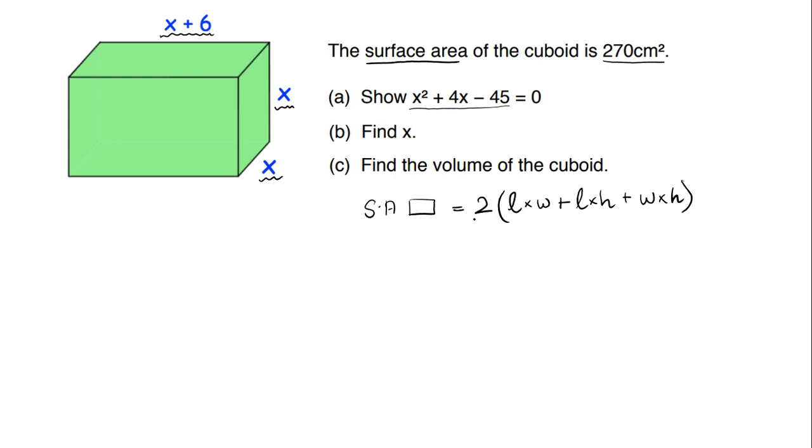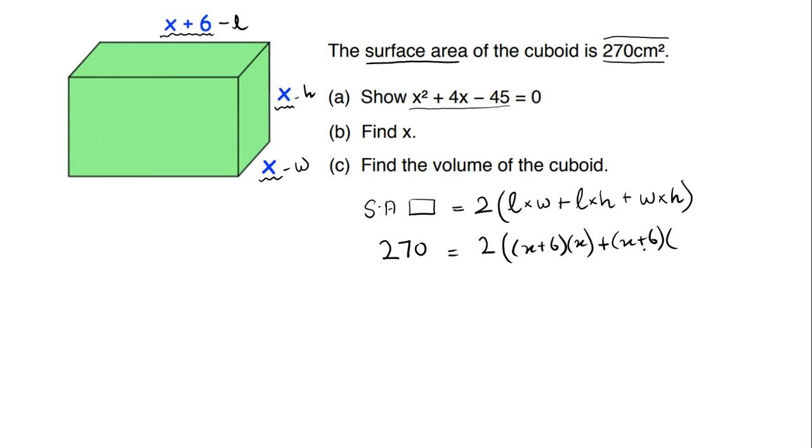So I have to put that in, and the surface area value is already given to me as 270 square centimeters, which means that in place of my surface area, I'm going to put 270 equals 2 stays the way it is times now the length, which is x plus 6, times the width, so my width is x, plus the length again, that is x plus 6 times the height. Let me just label here, this is the length, this is the height, and this is the width.